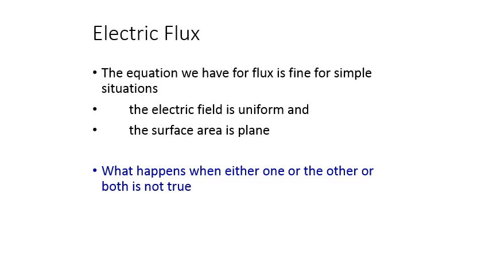Suppose the electric field is not uniform, and the surface area is not a plane. Yes, we have many examples in day-to-day life where the electric field is non-uniform. At the same time, the surface area need not be in flat form. It may have different shapes.